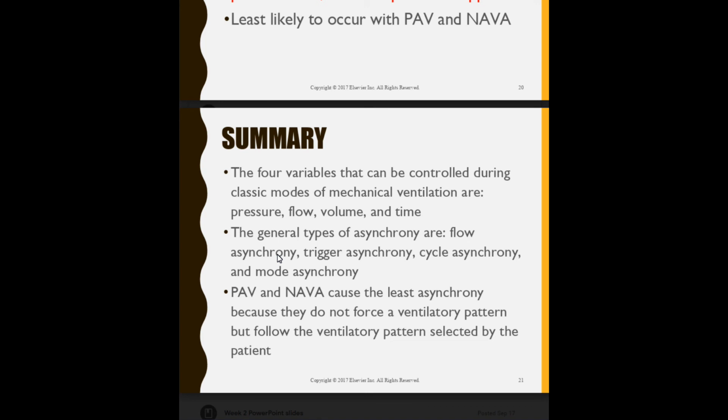So PAV and NAVA cause the least asynchrony because they do not force a ventilatory pattern, but follow the ventilatory pattern selected by the patient. Now, again, I am not sure about PAV and NAVA. I don't know if there are different types of ventilator, but I've never seen them.